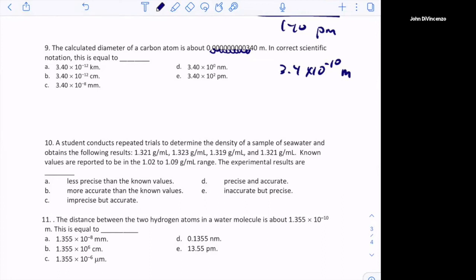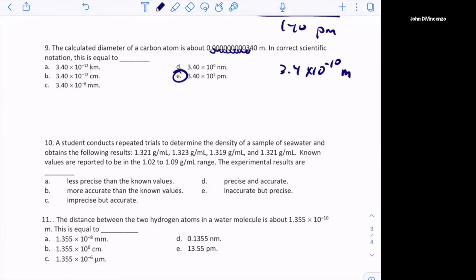It's going to be a little tricky, actually. You really got to be comfortable with your metric system. E is the correct answer.